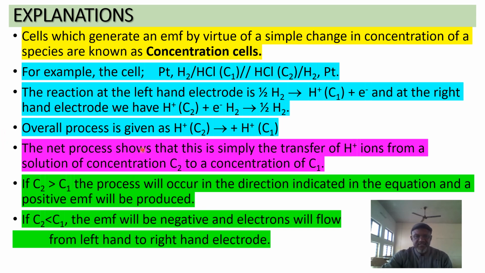The net process shows that this is simply the transfer of hydrogen ions from solution of concentration C2 to concentration C1. If C2 is greater than C1, the process will occur in the direction indicated and it will have positive EMF. But if C2 is less than C1, then the process will be reversed with a negative EMF.